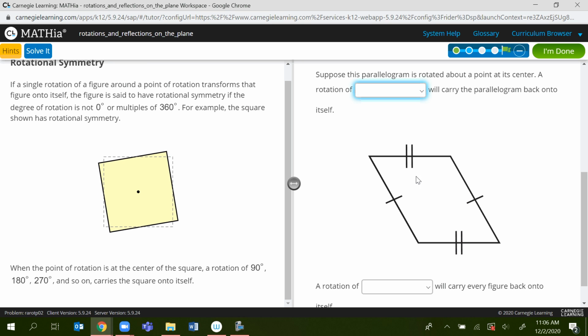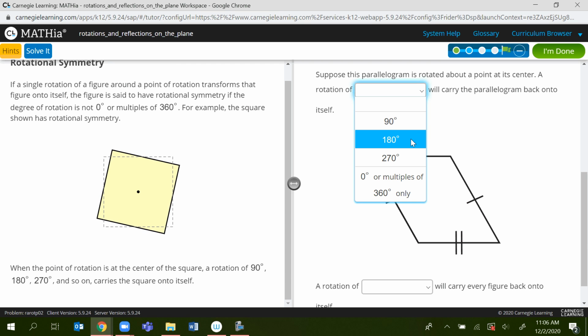Therefore, it's not the same parallelogram anymore. If I rotated it one more time to 180 degrees, we should see something that looks exactly like this one more time. So I believe we can go 180 degrees.